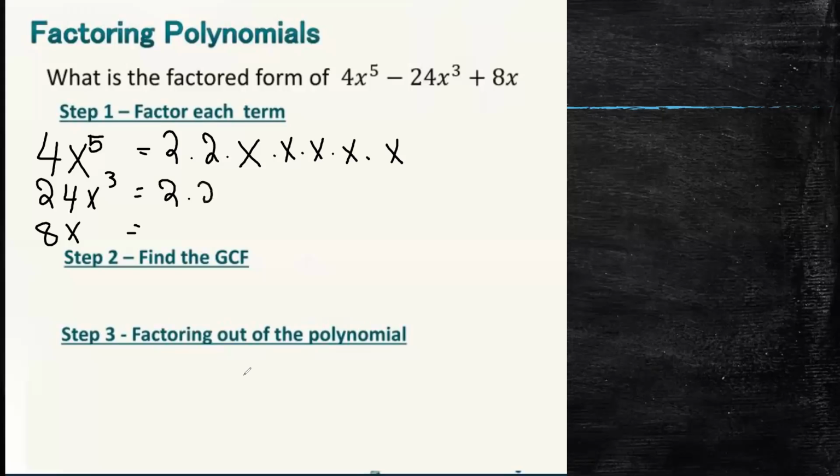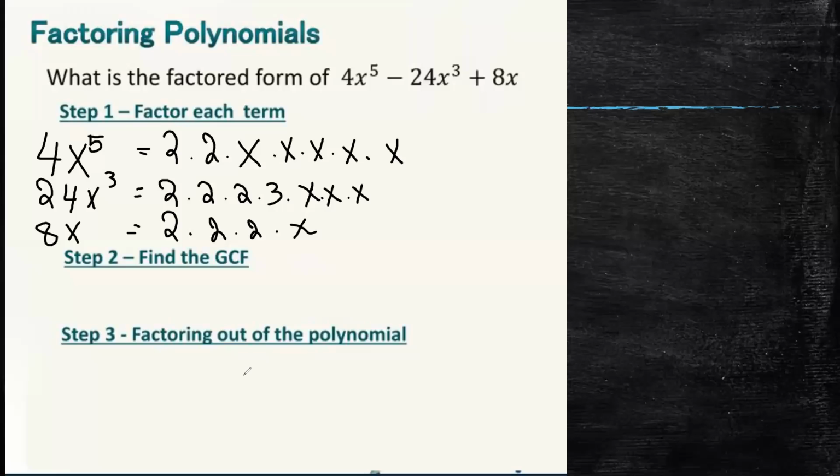So you can say it's 2 times 2 times 2 times 3. How many x's do we have here? 3 x's. And what about 8x? It is 2 times 2 times 2 times x. So after I factorize each term, the second step is to find the GCF.